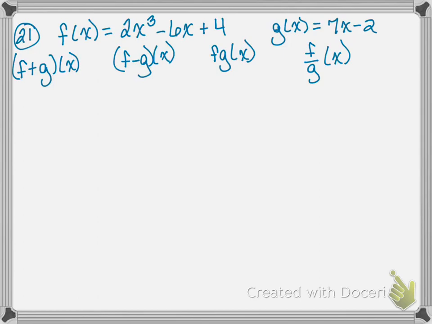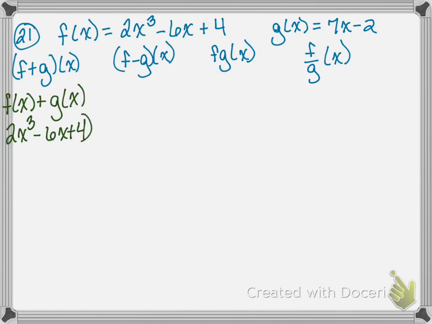For number 21, we are adding, subtracting, and multiplying and dividing these two functions. So our first one is f plus g of x. And what that means is f of x plus g of x. So we are just adding these two functions together. So f of x is 2x cubed minus 6x plus 4.